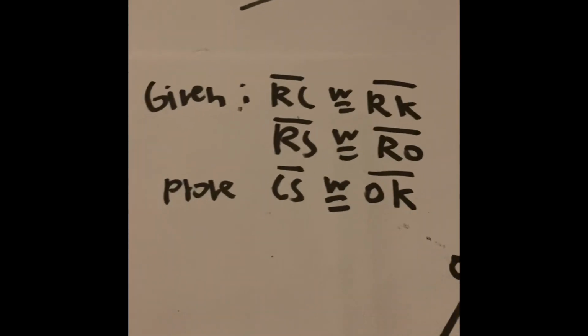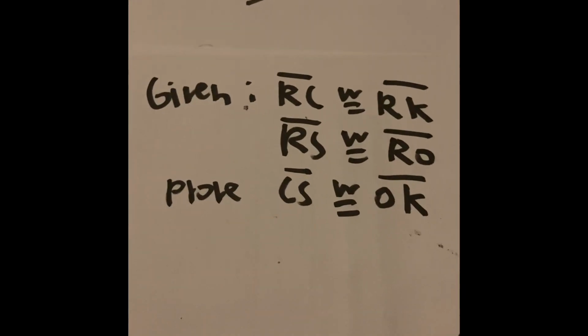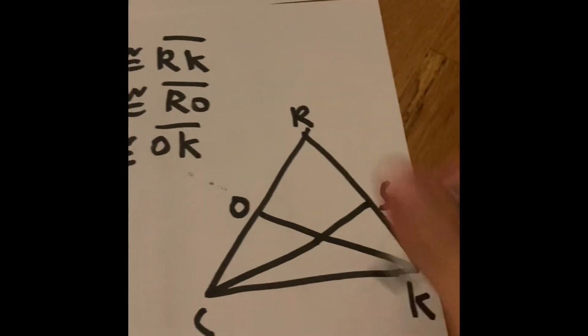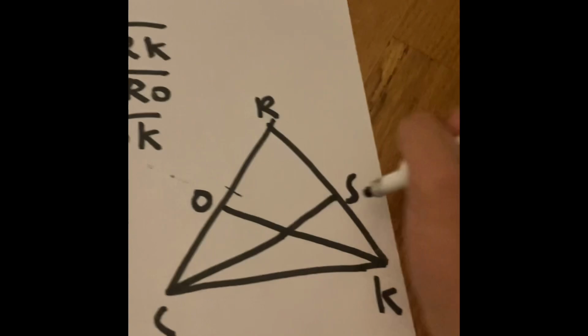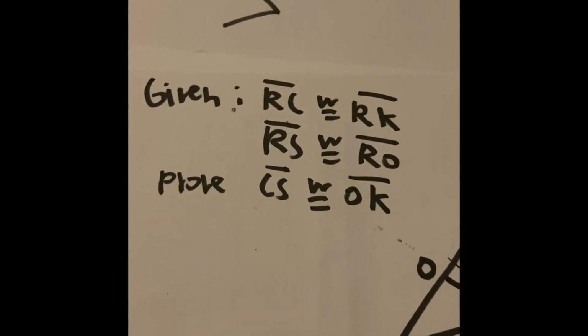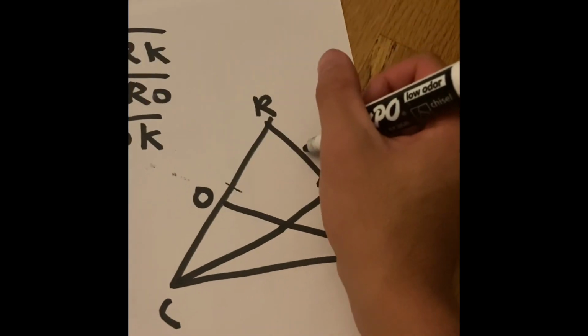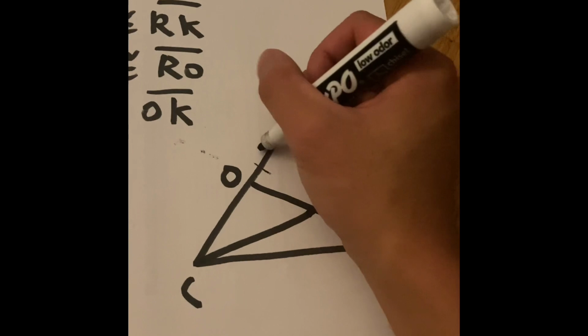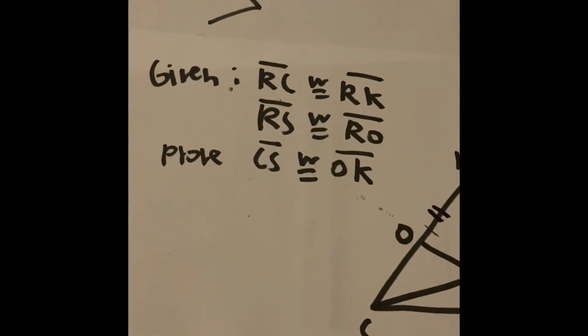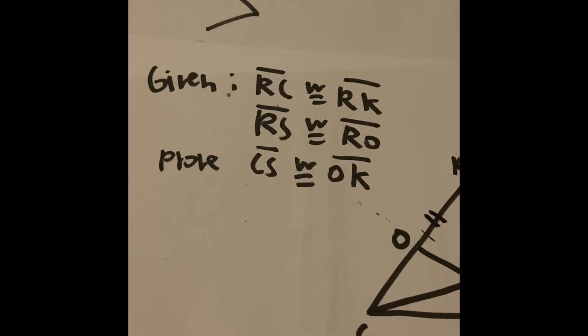Given segment RC is congruent to segment RK, and RS is congruent to RO. We have to prove somehow that CS is congruent with OK as segments.